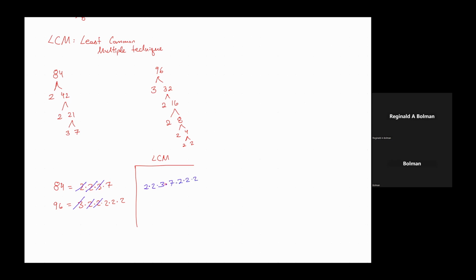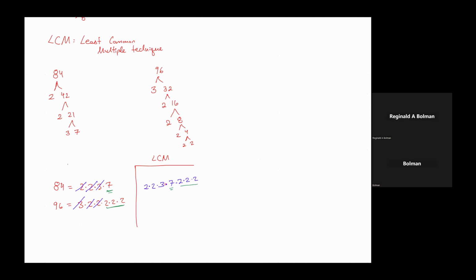And where are we getting that from? We're getting it from the fact that we have this sequence of 2's and the 7 left over that is not in common between the two terms. And so we're just tacking those on to the end. So now we have a big multiplication problem that we have to do.